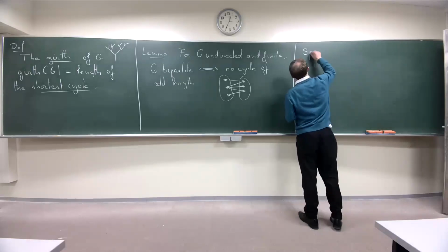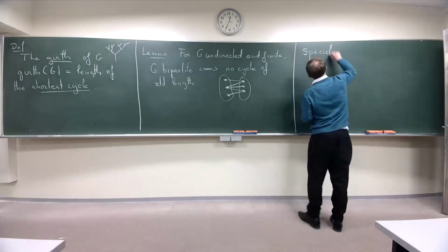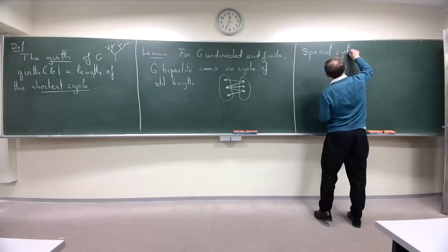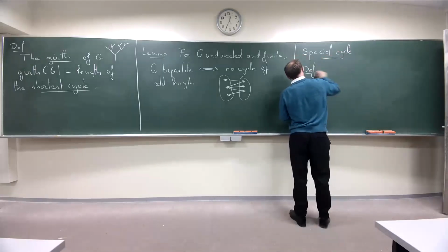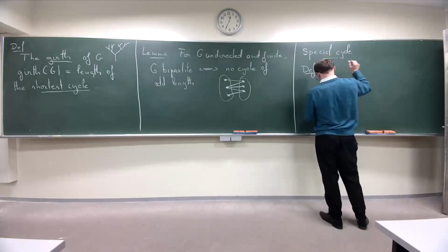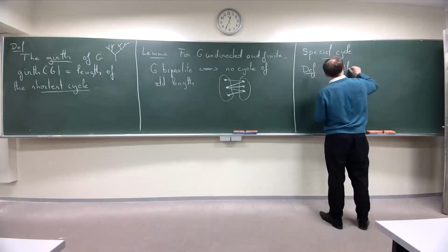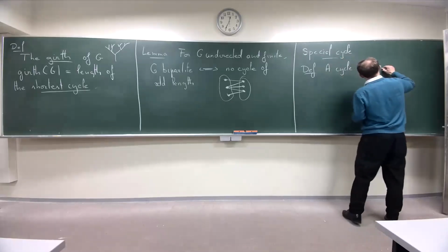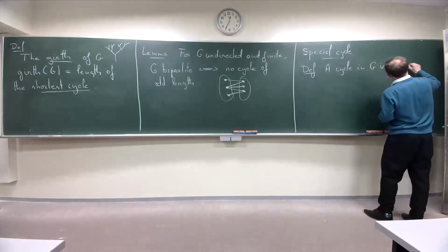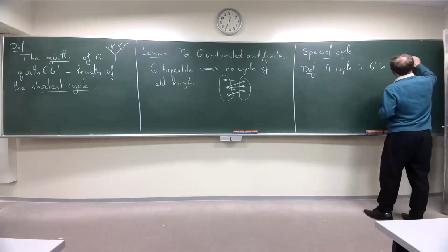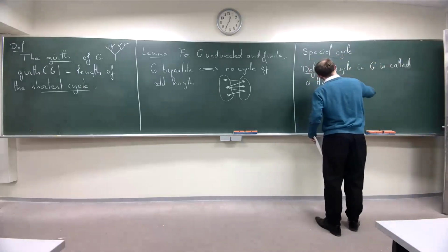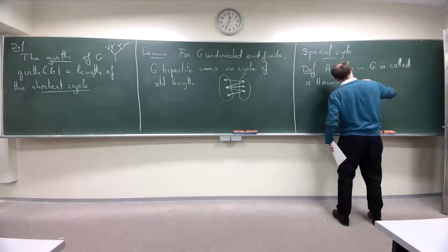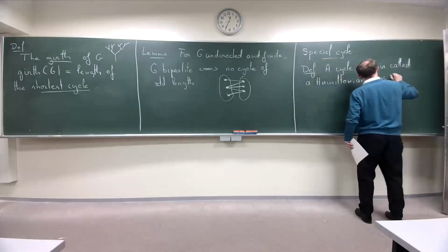There is one special name. So, special cycle. What is a Hamiltonian cycle? A cycle in G is called a Hamiltonian cycle. Of course, this is from the name of somebody.